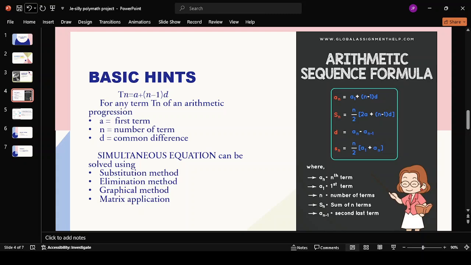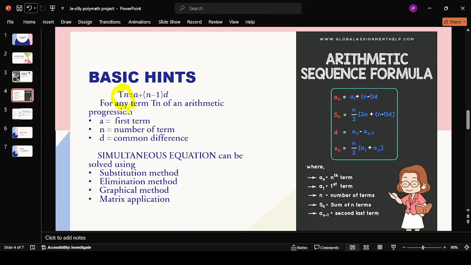The nth term, where T stands for the nth term, is equal to a plus n minus 1, all enclosed in the bracket, multiplied by d.